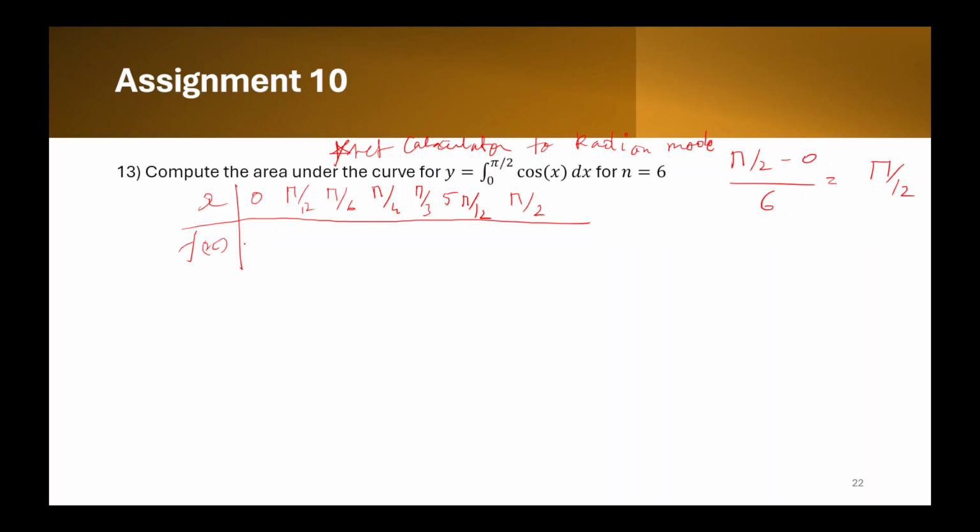You need to compute the f(x) at these points. So f(x), cos of 0 is 1.